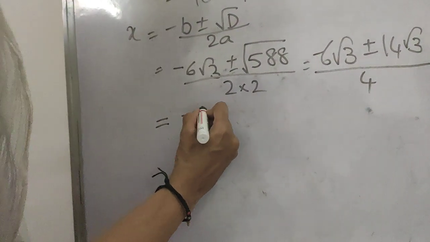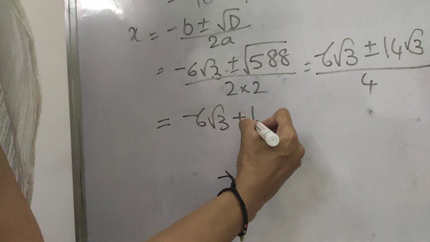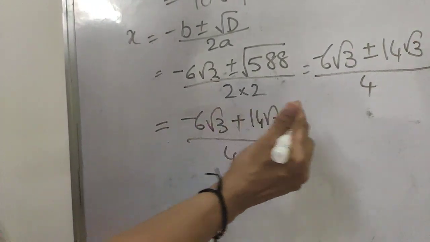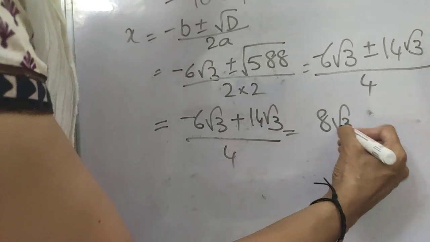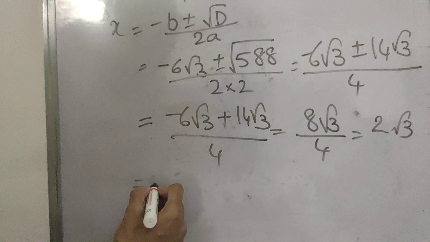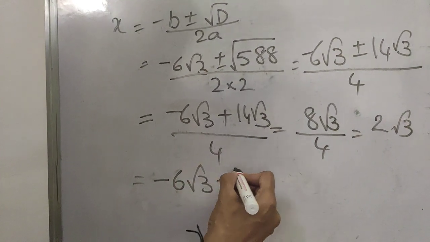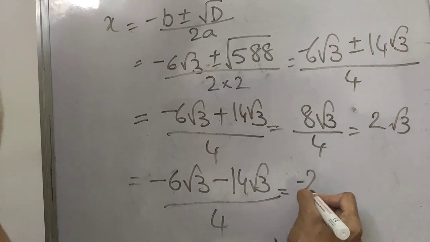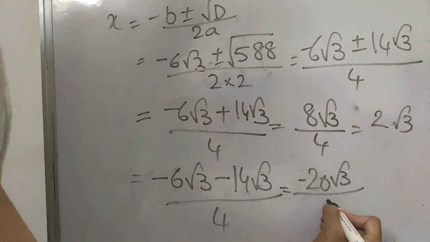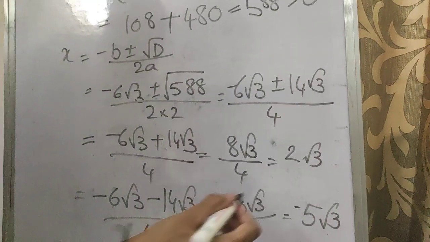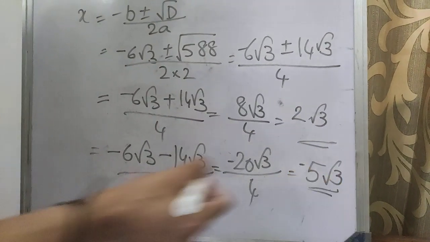Plus value means minus 6 root 3 plus 14 root 3 by 4. So what do you get? Minus 6 plus 14 is 8 root 3 by 4, which is 2 root 3. The other one is minus 6 root 3 minus 14 root 3 by 4, which is minus 20 root 3 by 4, which is minus 5 root 3. So what are the roots? 2 root 3 and minus 5 root 3.